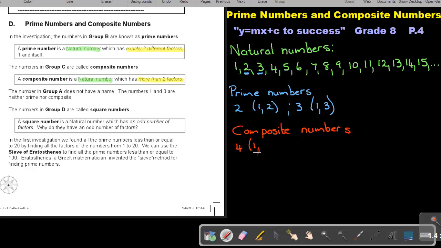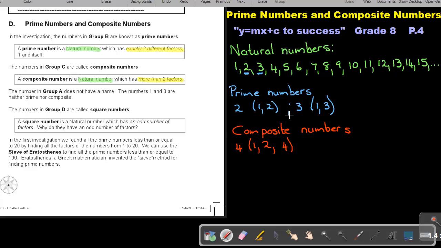It will be 1 and 4, but also 2, and we just write that 2 one time. So, if I look at the number 4, 4 will have 1, 2, 3 factors. Therefore, it's having more than 2 factors, and that's the reason why it's a composite number.